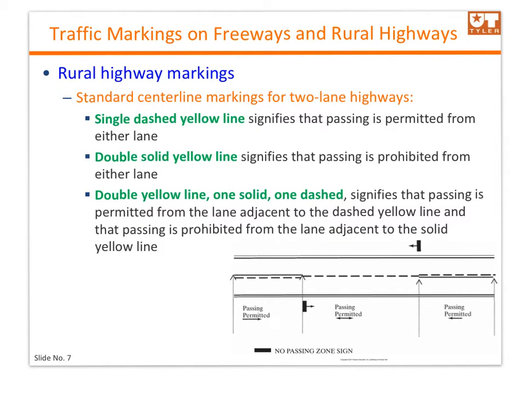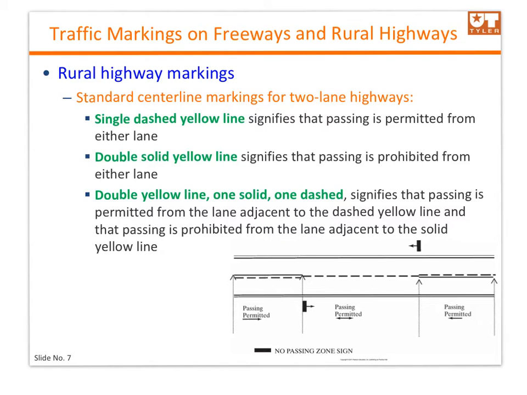With the single dashed yellow line, if the geometric design of the road is very good and you have a high sight distance, then passing in both directions would be allowed.